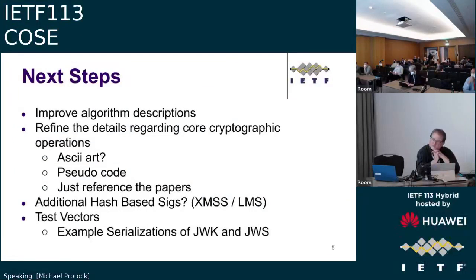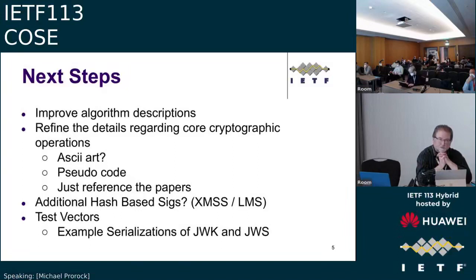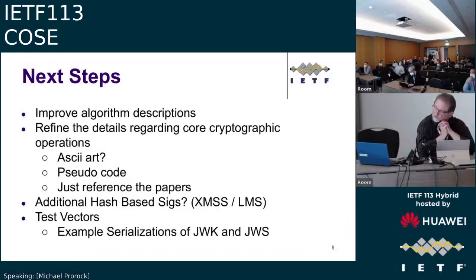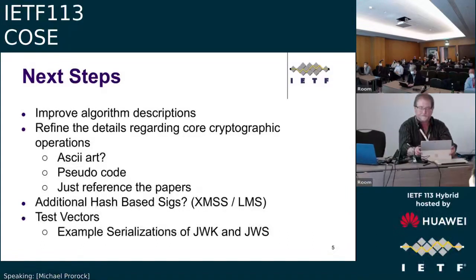Next steps for us on the individual draft side are to continue fleshing out the algorithm descriptions. We've got a good baseline in place. As a group working on it, we're looking at some different ways of talking about the sign and verify operations. We're not defining any new cryptography here, no desire to do that. This is just pointing back at the well-defined stuff.